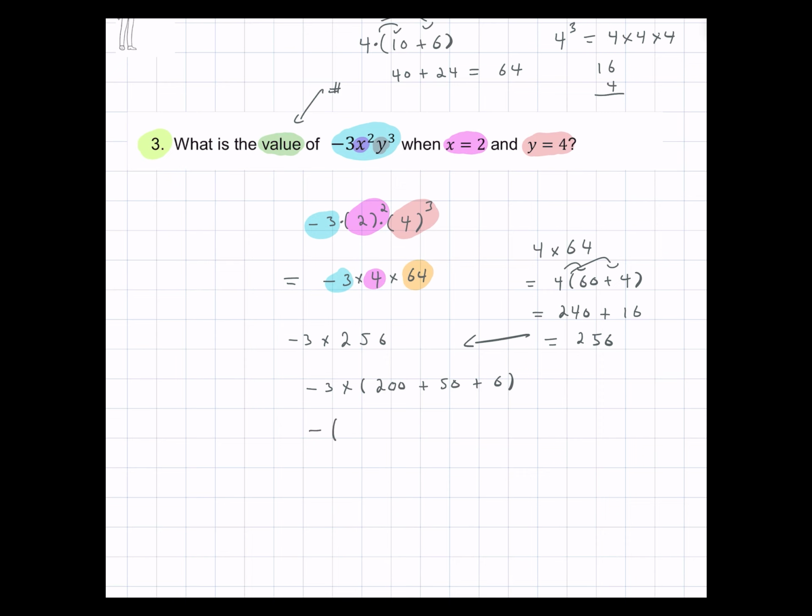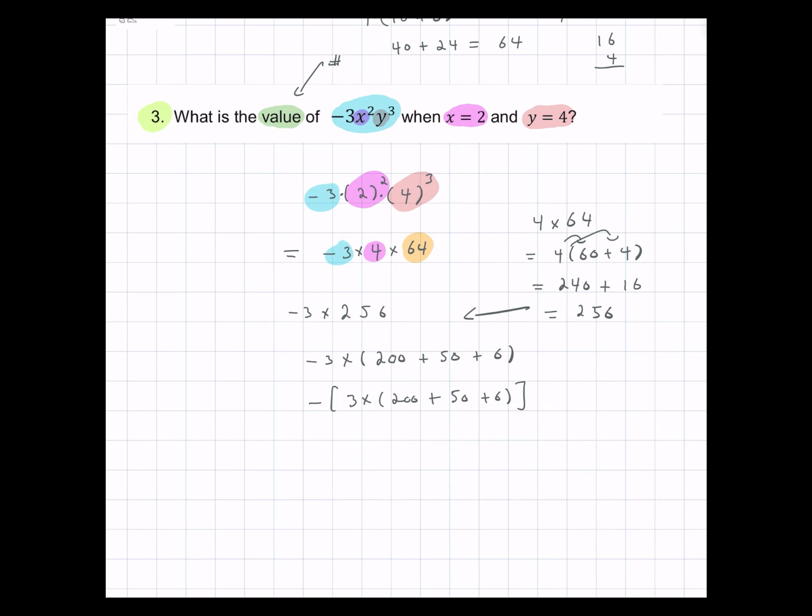Let's do this one step at a time. Negative, in brackets I'll have 3 times 200 plus 50 plus 6, and then I'm going to distribute in that 3. I'm going to get negative 3 times 200 plus 3 times 50 plus 3 times 6.